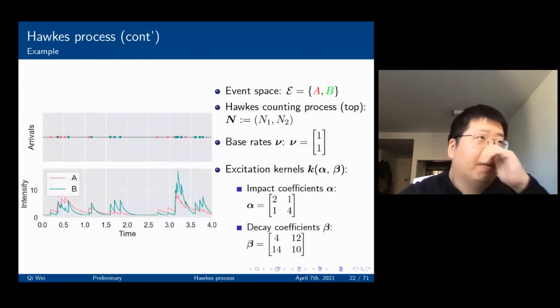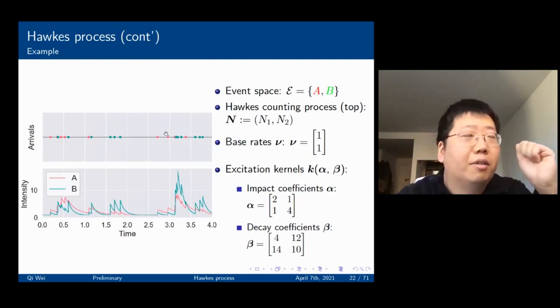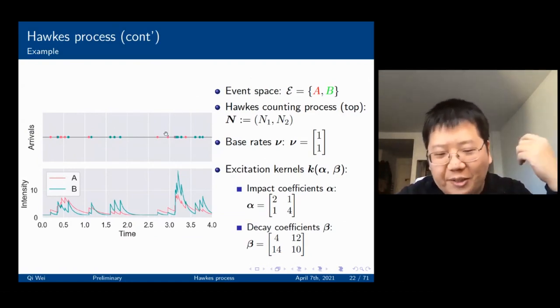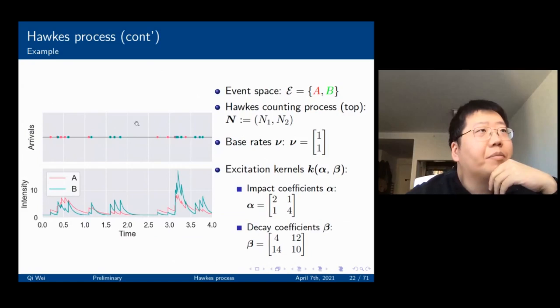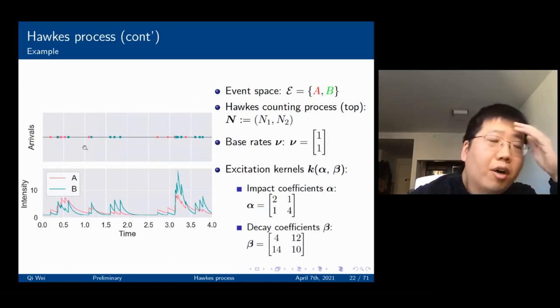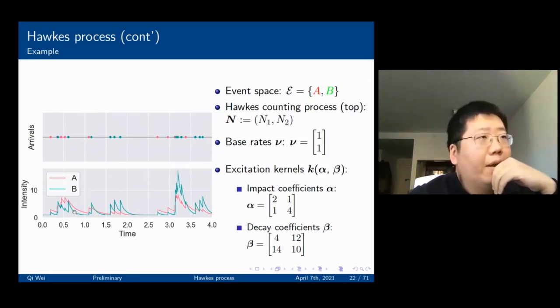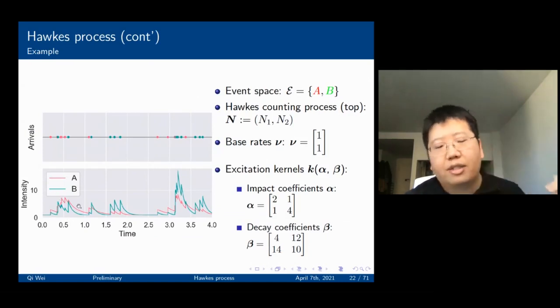Don't worry if you did not follow all the notation. Just try to understand the high level ideas and maybe focus more on the figures or the numbers I put here. So this is an example of the Hawkes process. The arrivals, different colors mark different event types. And you can see that the main difference here is the intensity is not constant anymore.